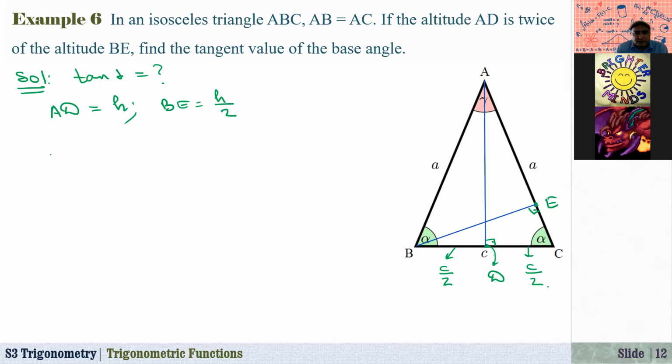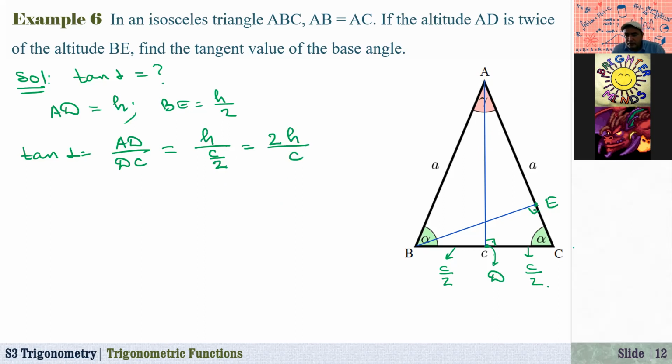So what is tangent of alpha? In the big triangle, tangent of alpha is equal to opposite side AD over DC. And AD is equal to H, and DC is equal to C over 2. Or simply, that's equal to 2 times H over C.